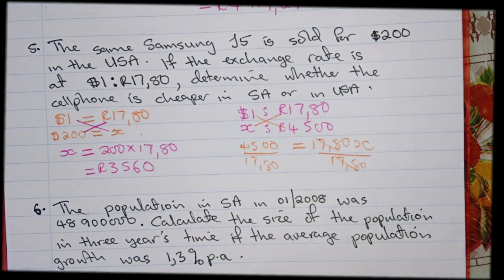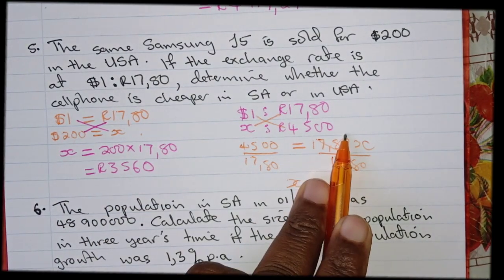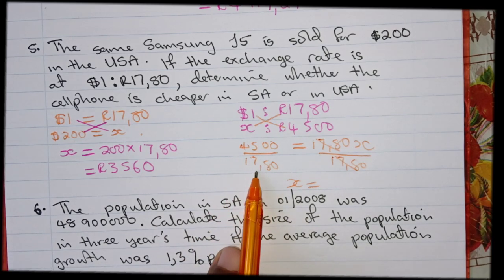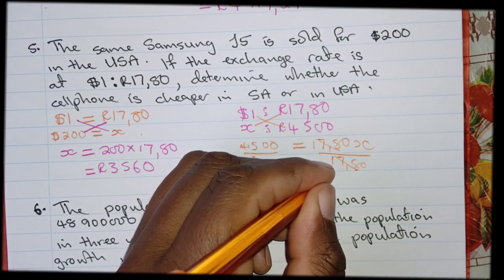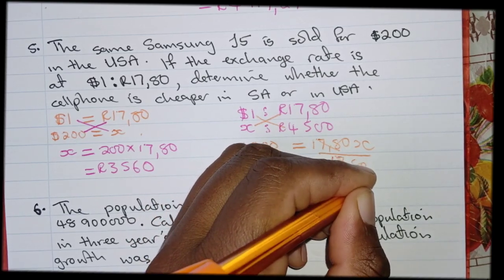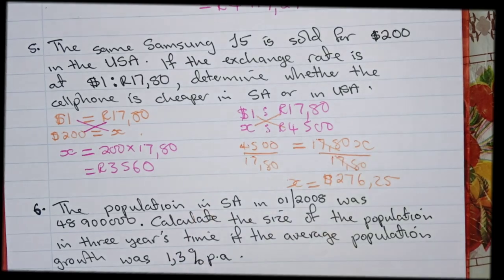This side, they cancel each other, so your x will be equal to 4,500 over 1780. And what do we get there? $276.25.